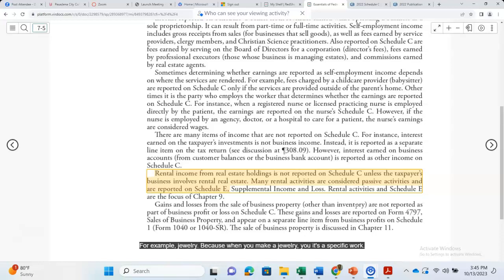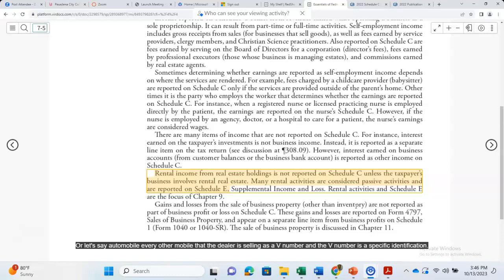For example, jewelry, because when you make a jewelry, it's a specific work. You make a stock number and you sell that specific jewelry. You know exactly what the cost of goods sold is for that specific jewelry. Or let's say automobile.